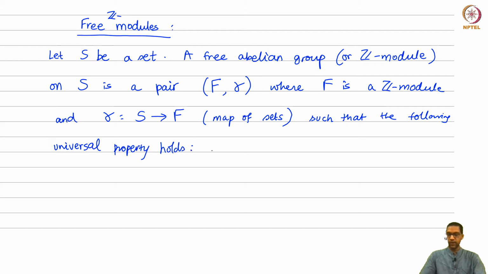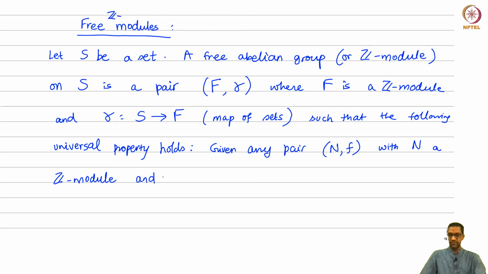Okay, and what is the property? Given any pair like this, given any pair N comma small f with N a Z module and f a set map, as before we'll draw the same sort of diagram that we drew for the tensor product definition itself.